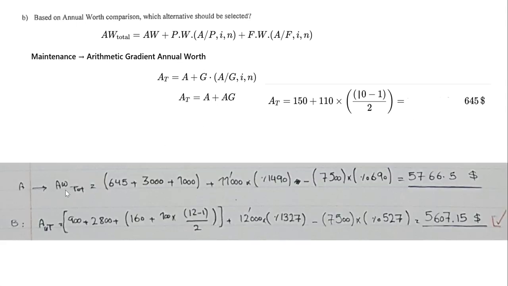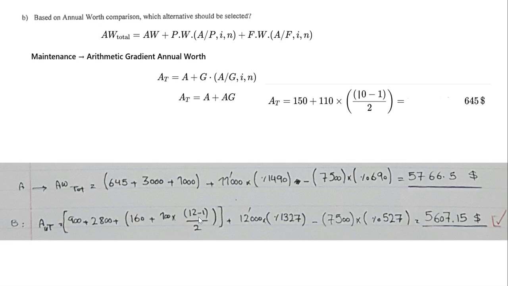So the total annual worth is 645, which we calculated here, plus 3,000 and 1,000, which is the annual cost of the project for A, and 11,000 minus 7,500 times the factor. As you can see, the total cost would be $5766.5. For project number 2, we do the same: 900 plus 2,800, this is the fixed value, and this is the value which is going to be increased.